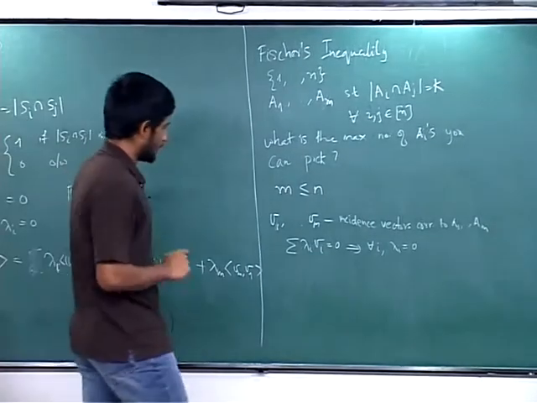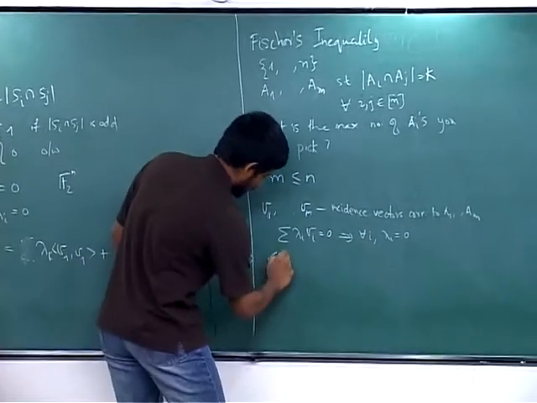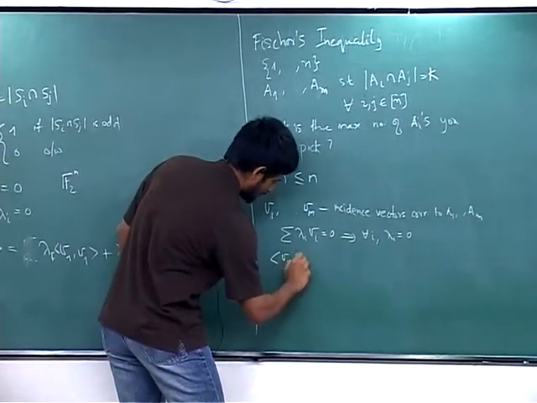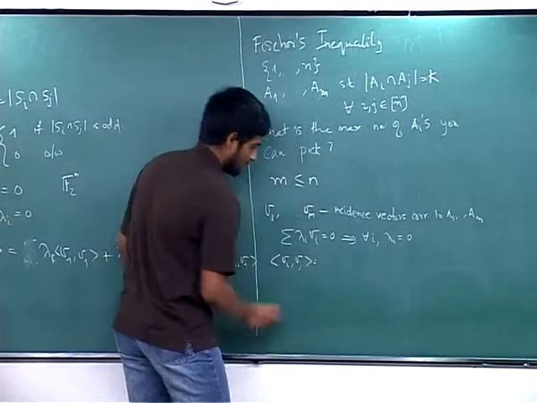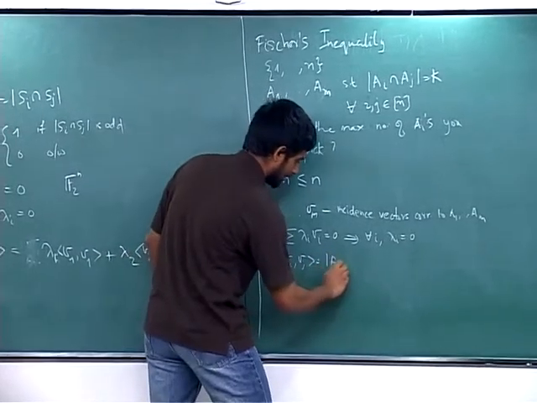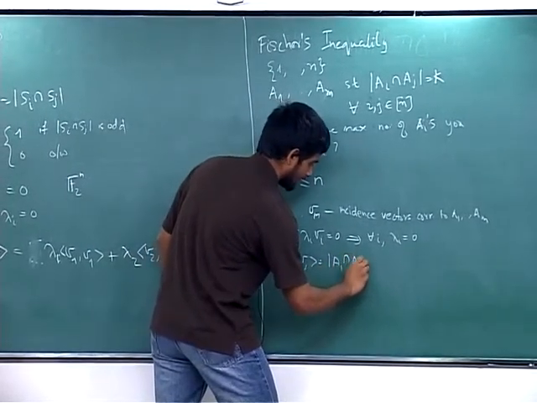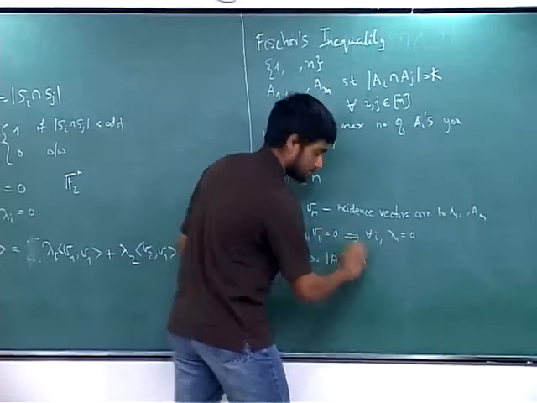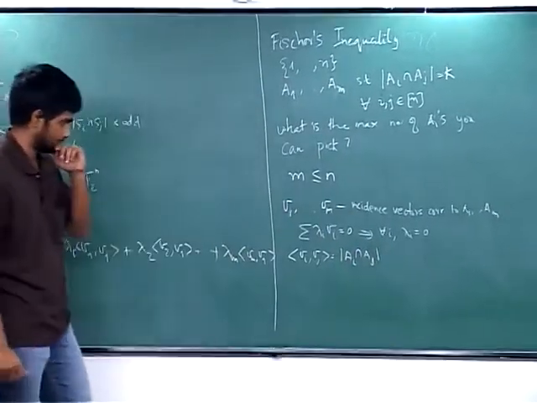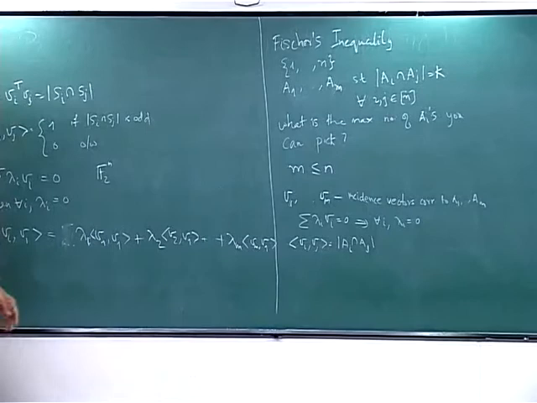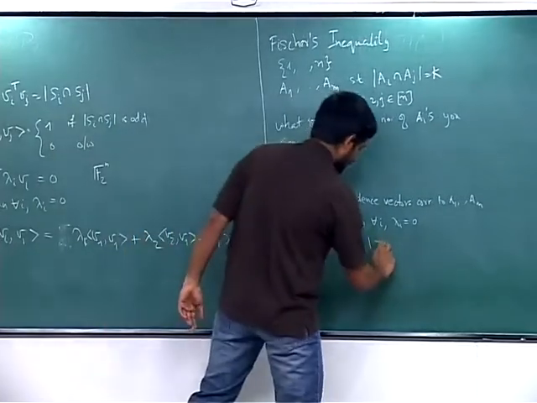So again, what is vi·vj? It is nothing but the cardinality of the intersection of ai and aj. This is what the inner product is giving you. And I know that this is k.